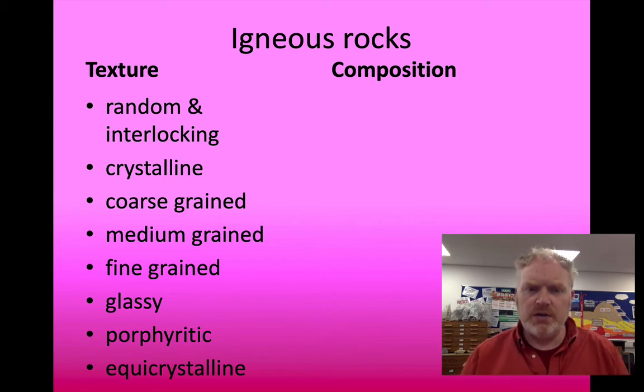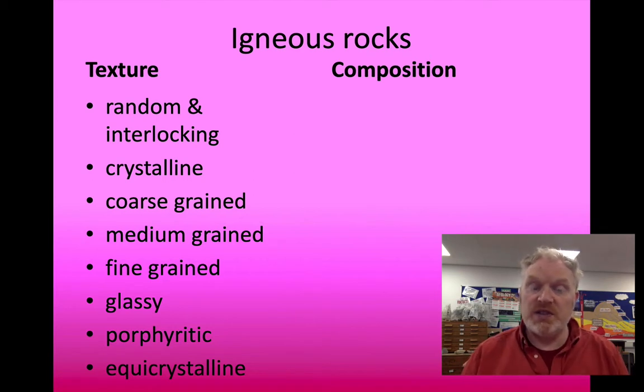Now the next terms, coarse grained, medium and fine grained, and glassy as well actually, relate to the size of crystals. Now for igneous rocks, coarse grained means crystals that are greater than 3 millimetres across. Medium grained means crystals that are between 1 and 3 millimetres across.